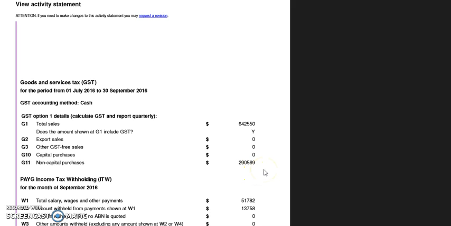So I'll just grab my calculator: 642,550 minus 290,569 gives you 351,981 for that quarter, September 2016. Just keep that one in mind, 351,981.